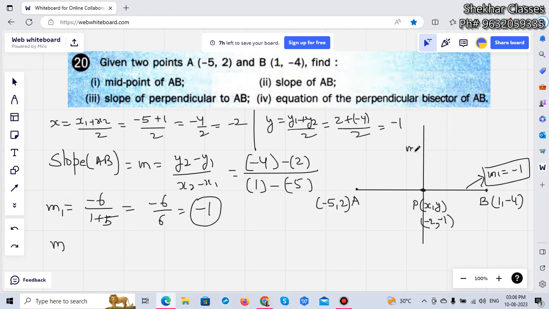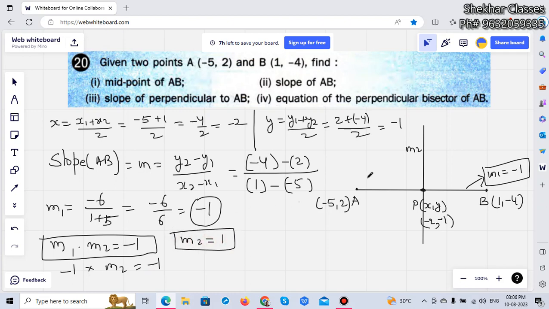We know that m1 into m2 will be minus 1 by the perpendicular formula. So m1 is minus 1, into m2 is minus 1. Minus 1 and minus 1 can cancel. So we get m2 is equal to 1. So the slope m2 is equal to 1.